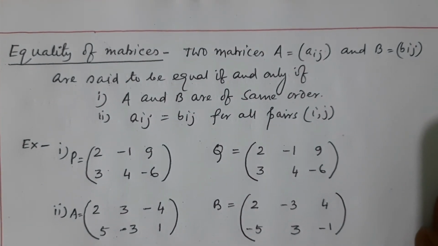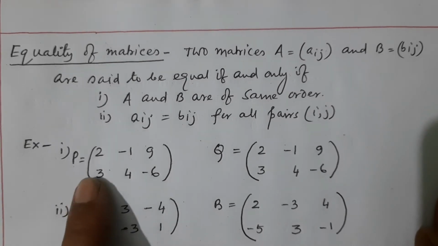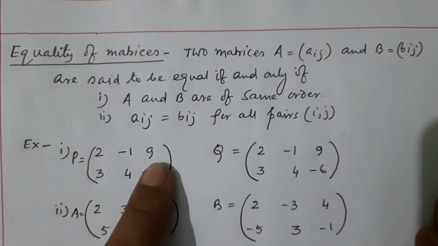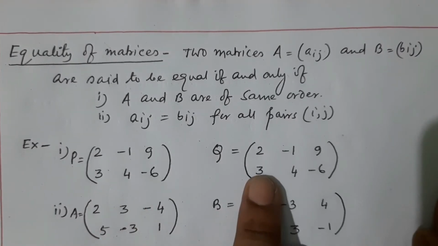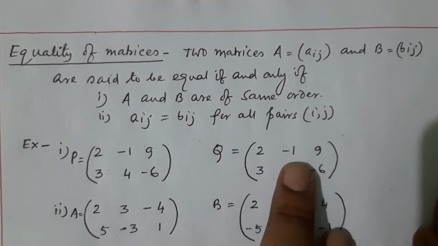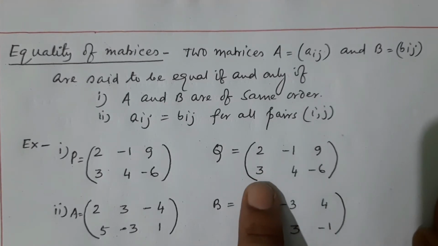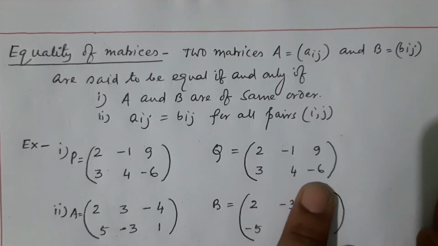Let's consider some examples. Here P is a matrix [2, minus 1, 9; 3, 4, minus 6]. Q is another matrix [2, minus 1, 9; 3, 4, minus 6].